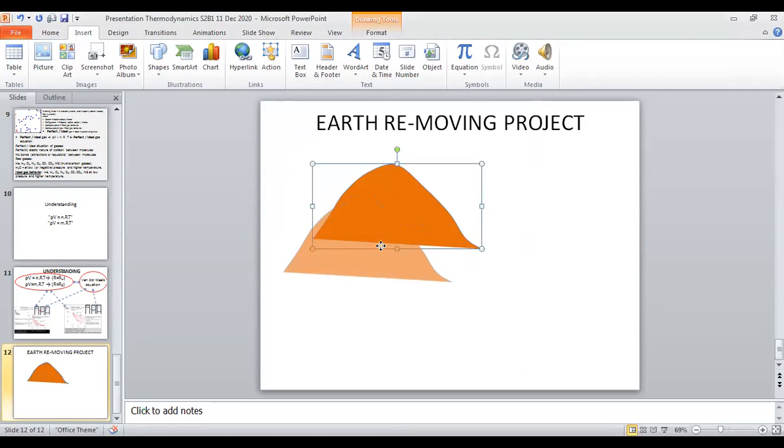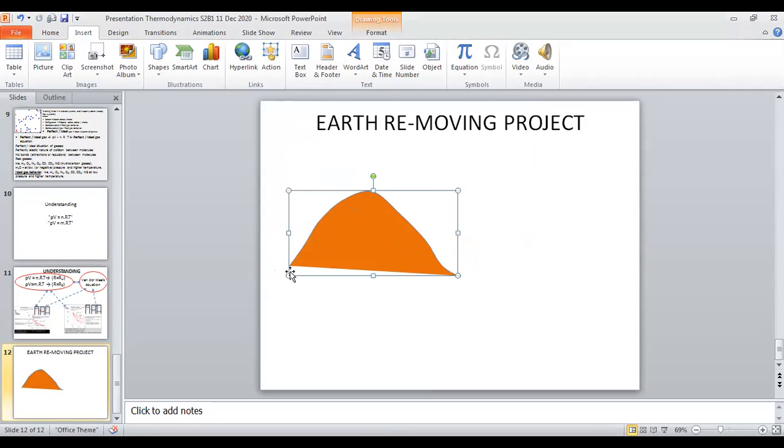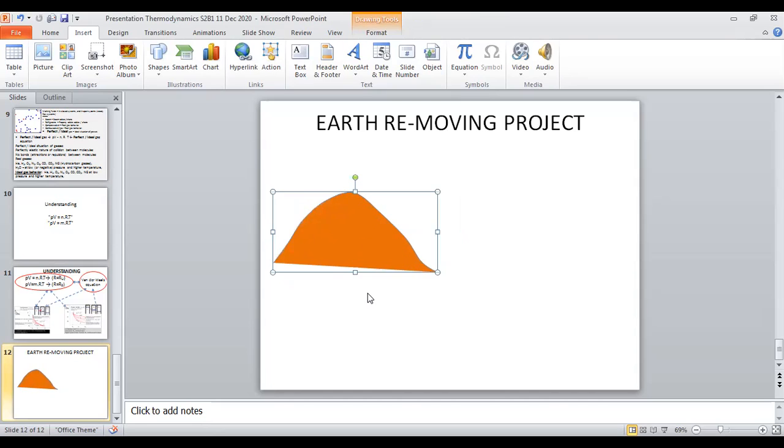Yeah, very nice. Okay. It is a slanting mountain of earth. And you are going to build, let's say, a high-rise building.